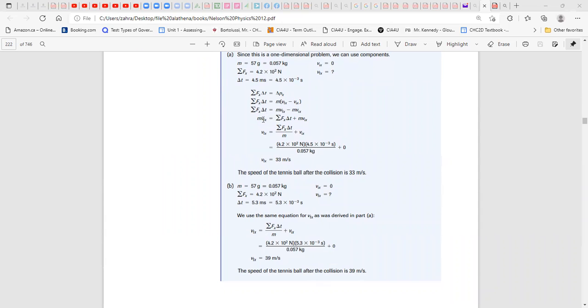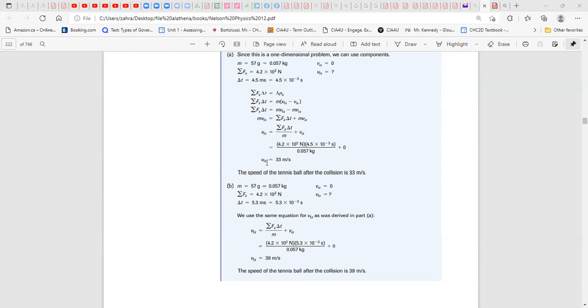So just rearrange it for mv final. Sorry, v final is zero. Rearrange it for mv initial, for v initial. So mv initial to the other side becomes positive, f delta t to the other side becomes negative, and we have v final here, which is zero.